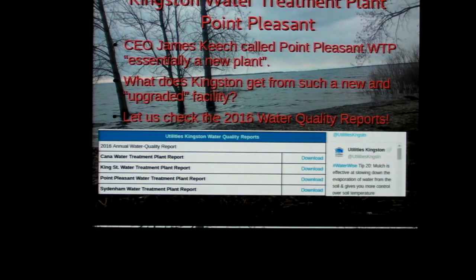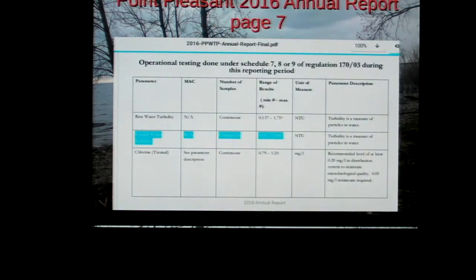Kingston Water Treatment Plant, Point Pleasant: the CEO, James Keach, called Point Pleasant Water Treatment Plant essentially a new plant. What does Kingston get from such a new and upgraded facility? Let's check the 2016 water quality reports. That's available online. You can go to the Utilities Kingston website and check the reports there, or just Google it for a quicker result.